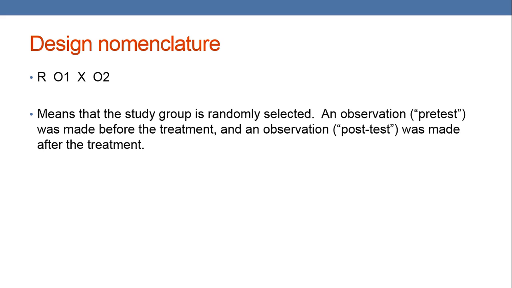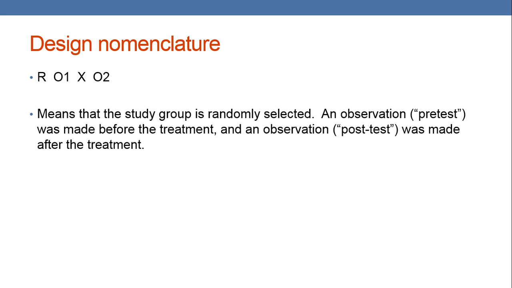So the first one, just as an example, is we're going to do something that we actually almost never do, and that is random assignment to one group. So each row is a group, and R at the beginning means that the people were assigned to the group in a random way.